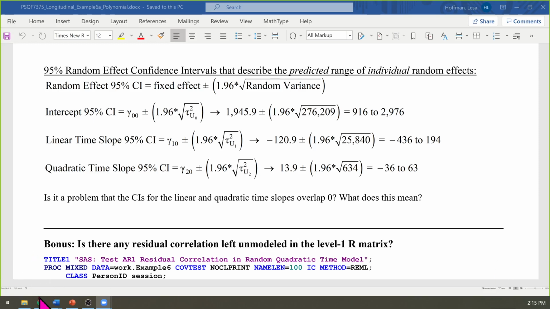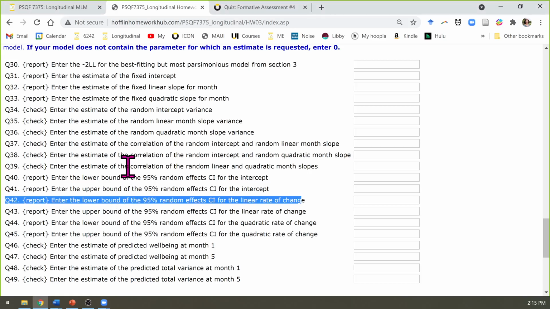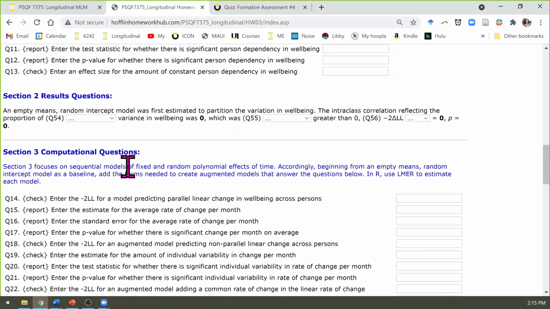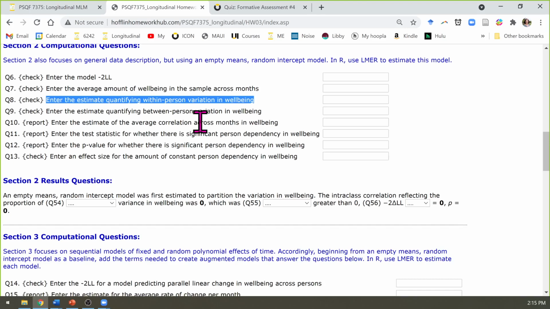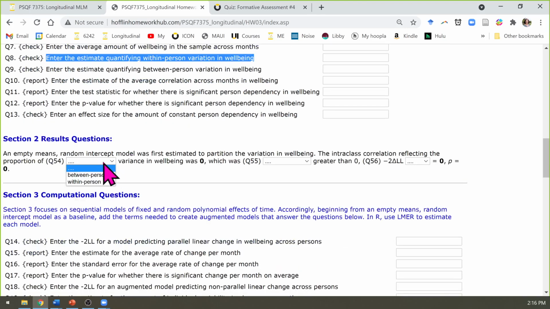Now I'm looking to see that you can map the answers that SAS gives you onto ideas, right? So if I'm asking, for instance, what is the estimate quantifying within-person variation in well-being? That requires you to identify what is the model parameter that goes with that idea. Now, where is it on my output? So levels of complexity here, and then filling in the drop downs.